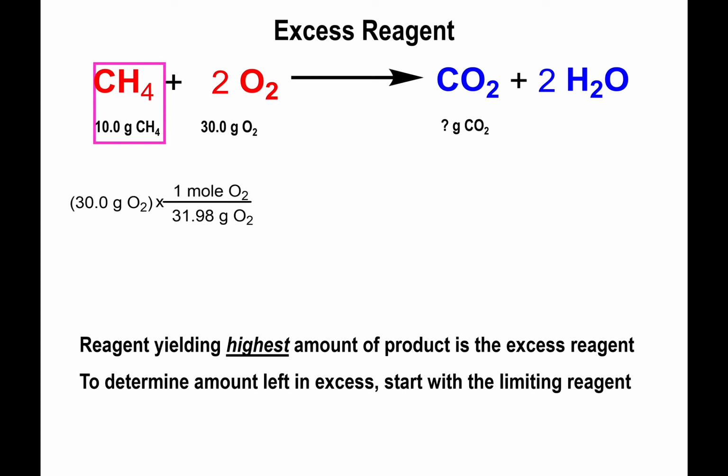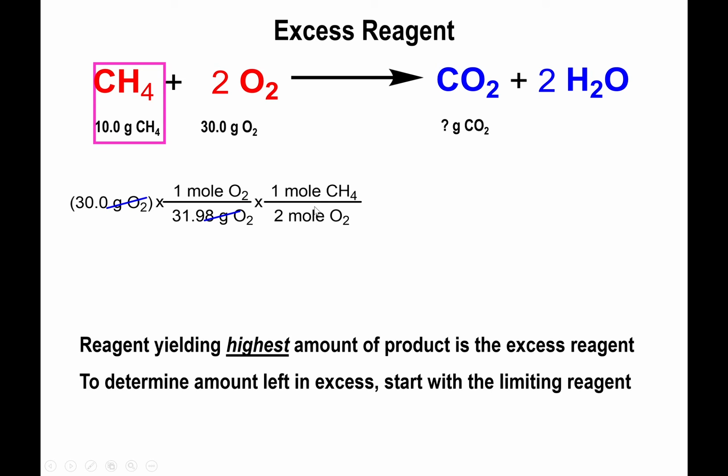So the 30 grams of O2 get changed to moles of O2 using the molar mass of O2, as we did before. The grams cancel out. Now that we're in moles, we will switch over from the limiting reagent to the excess reagent. And for every 2 moles of O2, we only consume 1 mole of CH4. So that becomes the mole fraction that we have right here.